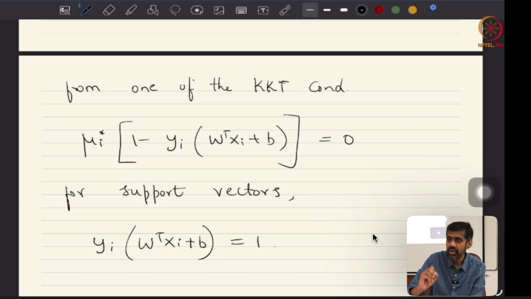Okay. What does this mean geometrically? Geometrically it means that the data points that lie on the margin are support vectors. Now you know why they are called support vectors, right? They are the ones upon which the margins are supported. So by complementary slackness, what we have just shown is that support vectors are the data points that pass through the margin.